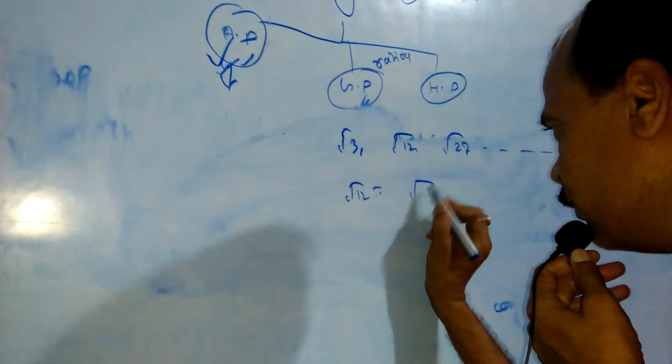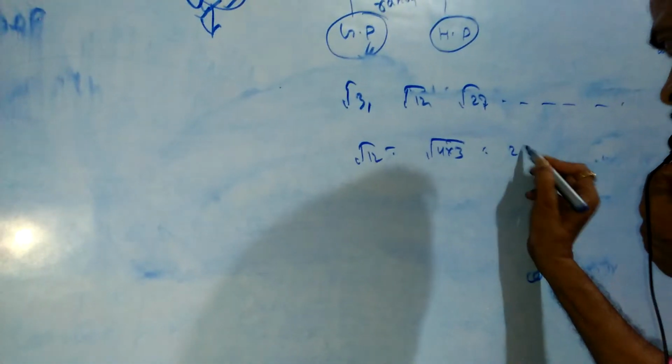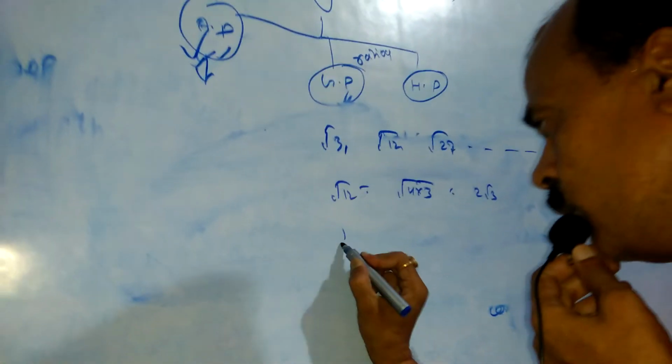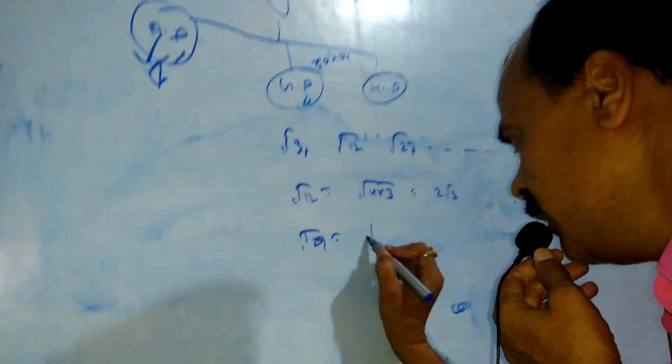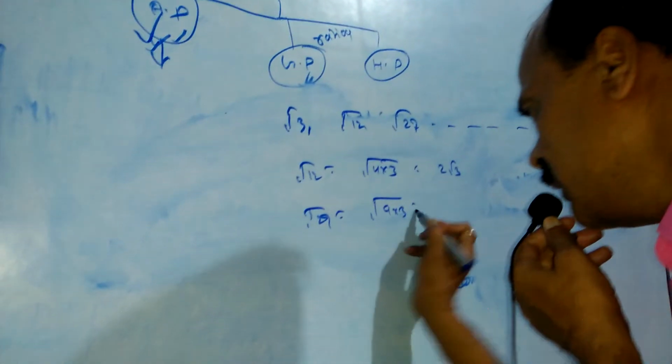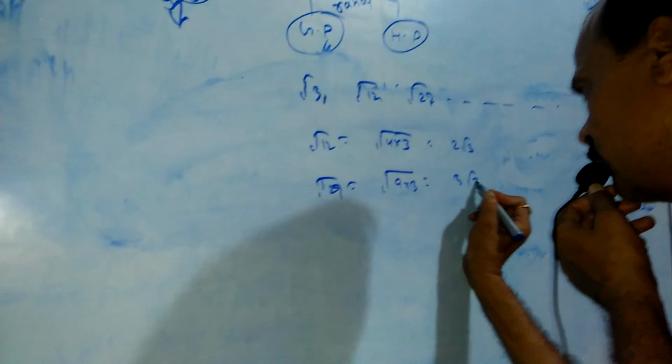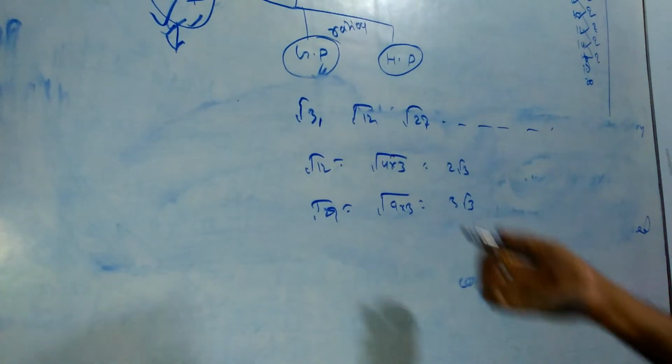Now root 12 equals root 4 times 3, that is 2 root 3. Root 27 equals root 9 times 3, that is 3 root 3. So we find the common difference.